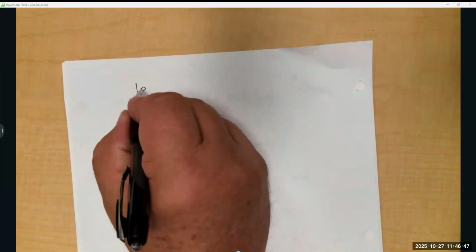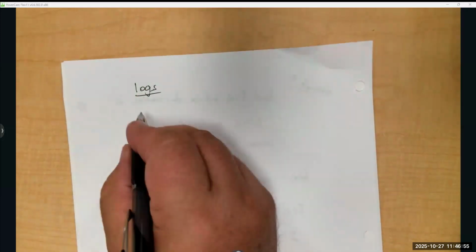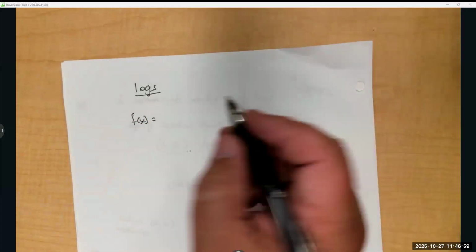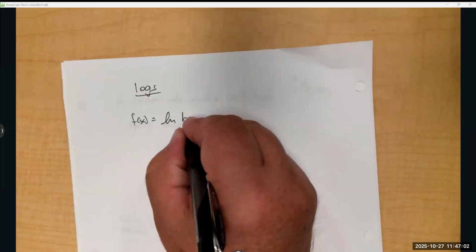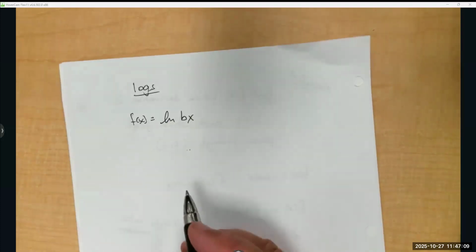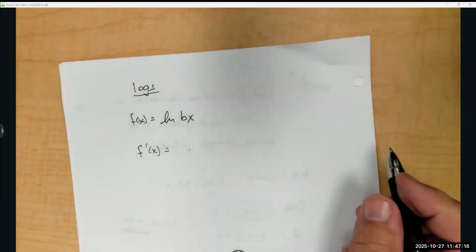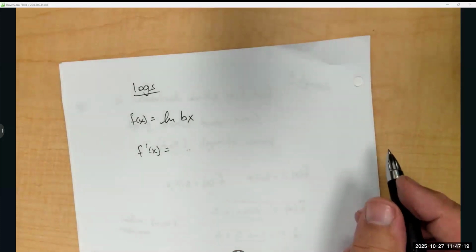With all this other information, we know that it has to go through (0, 2) as well. This also works with logarithms. For example, if f of x is equal to ln bx, what's the derivative of f? It's 1 over x.